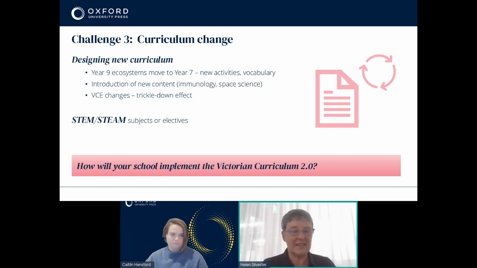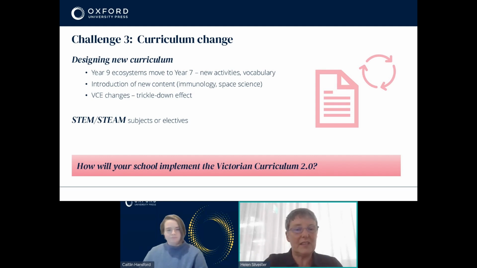You can't just take the same year 9 content and worksheets and tests and everything else and shift it to year 7. You have to rewrite them. And that's really important. You need to think of those year 7 students and what their ability is when you're making decisions of what you're going to carry forward.